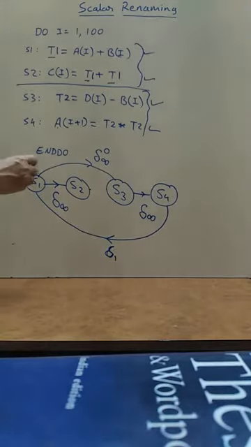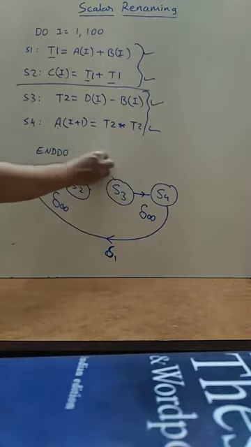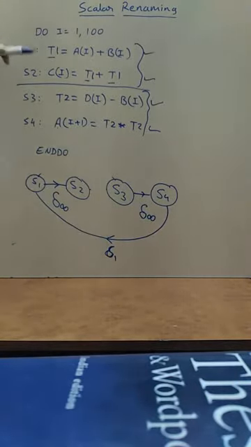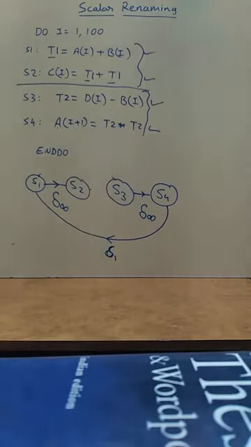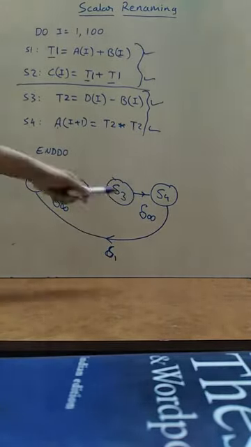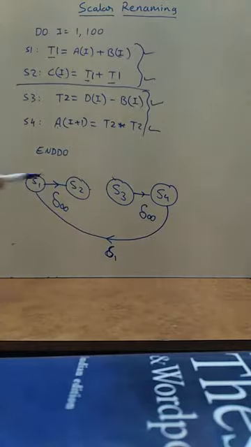Similarly, this loop independent output dependence will also be removed because S1 and S3 now define two different variables. So this will be removed. Then from S3 to S4, yes, this dependence will be there, and S4 to S1 will also remain the same. Okay, so this will be the dependence diagram after applying scalar renaming.